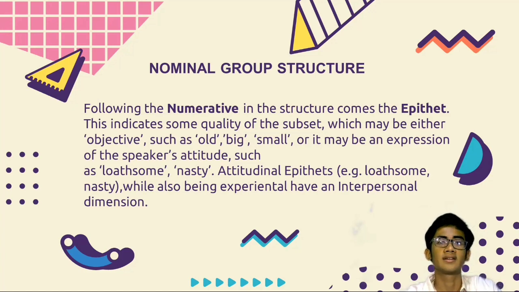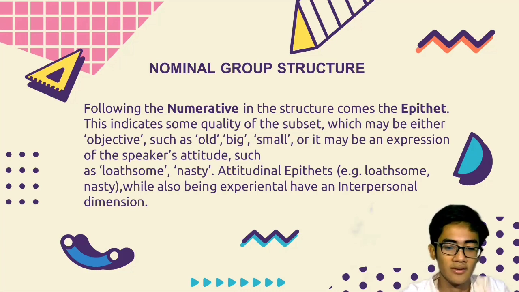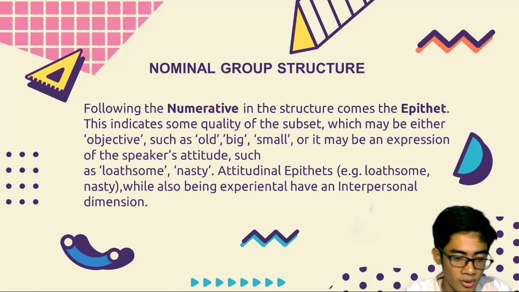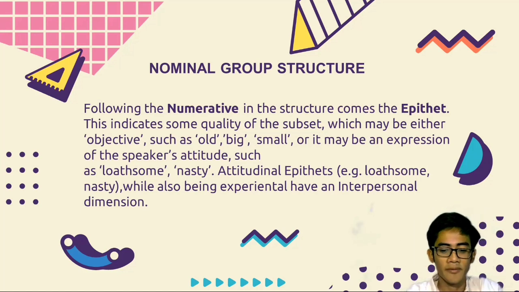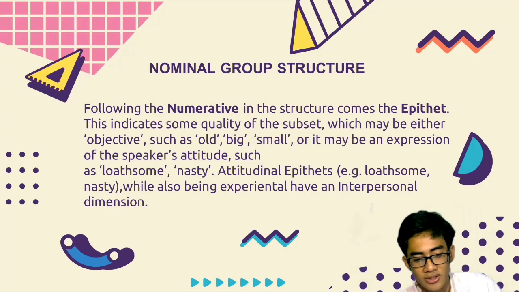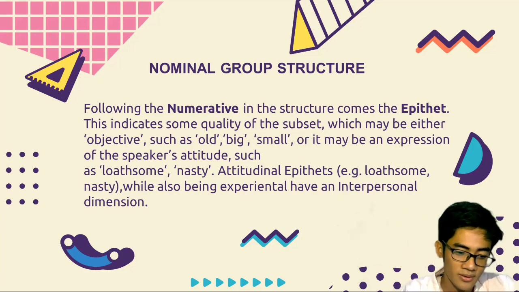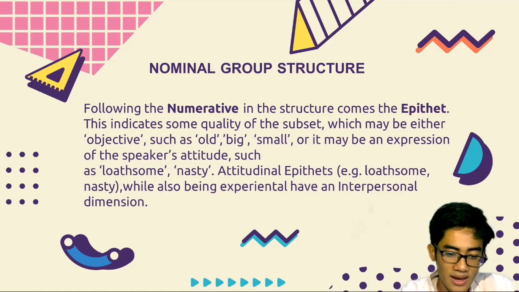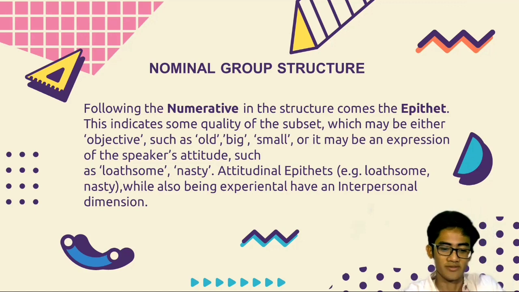So we know what characteristic the snake possesses due to the epithet. One type is attitudinal epithets, for example loathsome and nasty, which, while also being experiential, have an interpersonal dimension. Okay, that's for my explanation.